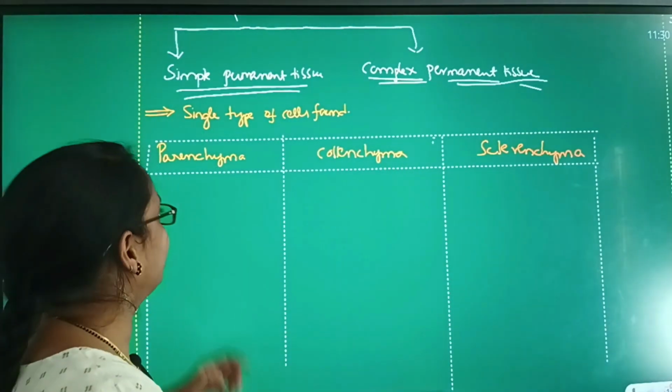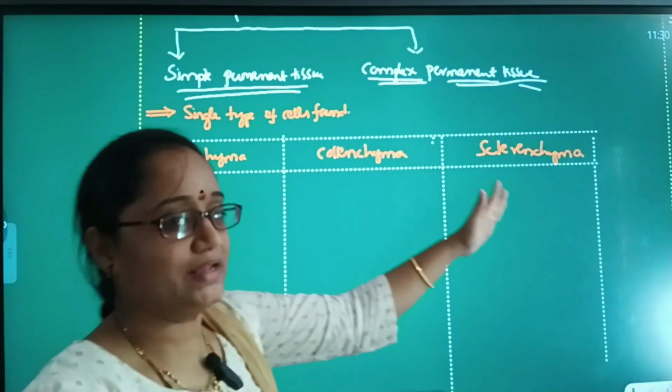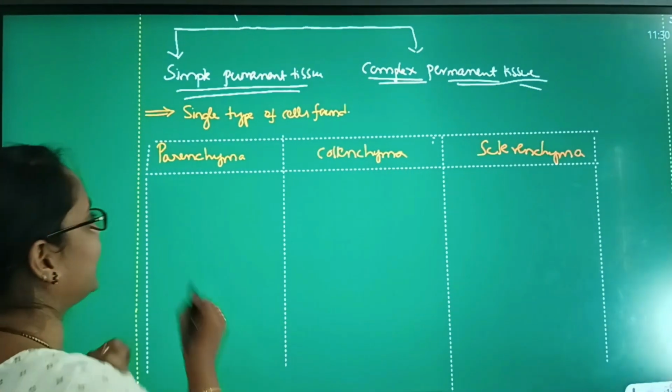Now let us see one by one. Parenchyma, collenchyma, sclerenchyma. First one is parenchyma.